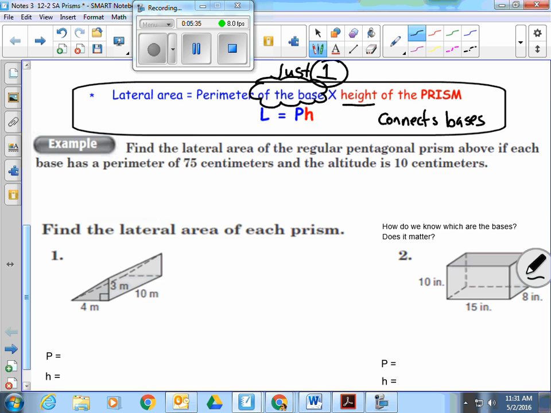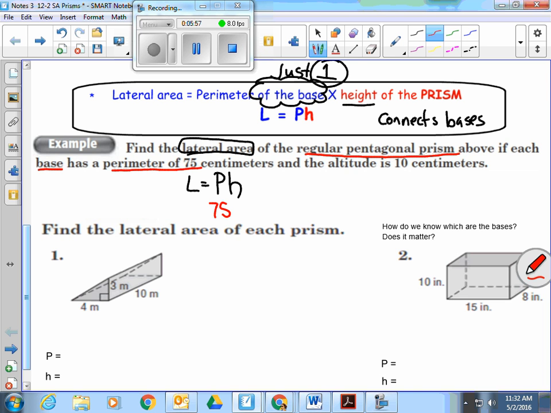So let's take a look at the first example. It says find the lateral area, lateral surface area, same thing. So lateral equals big P times H. It tells you that in a regular pentagonal prism above, each base has a perimeter of 75.